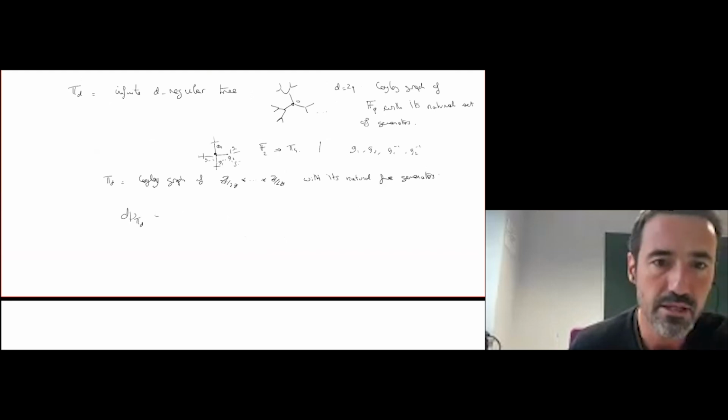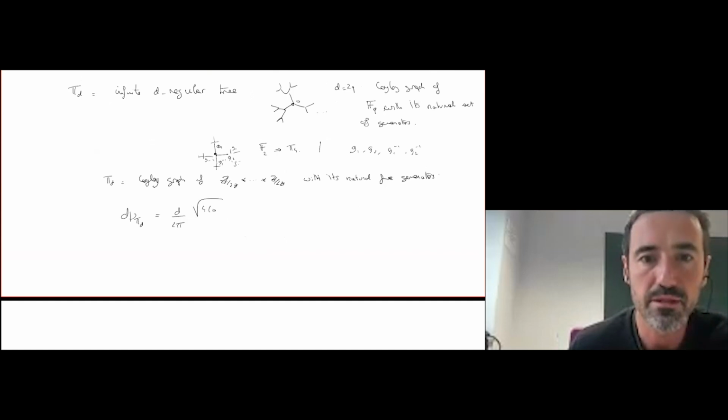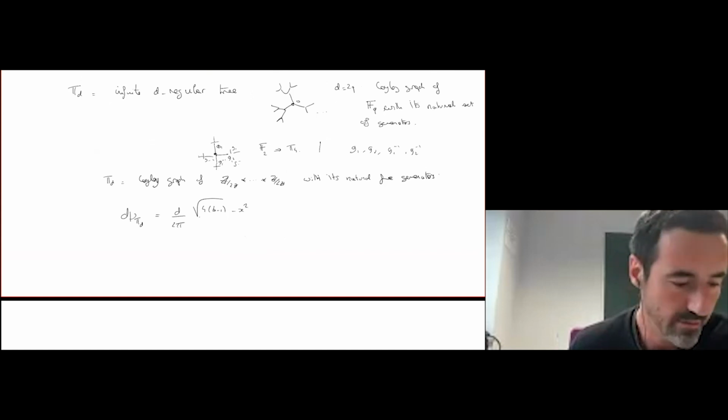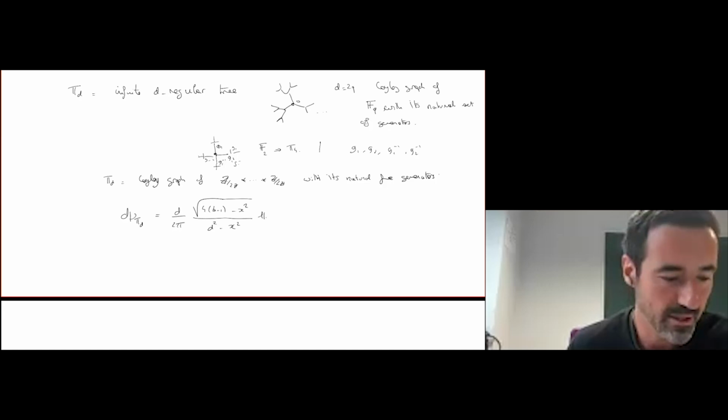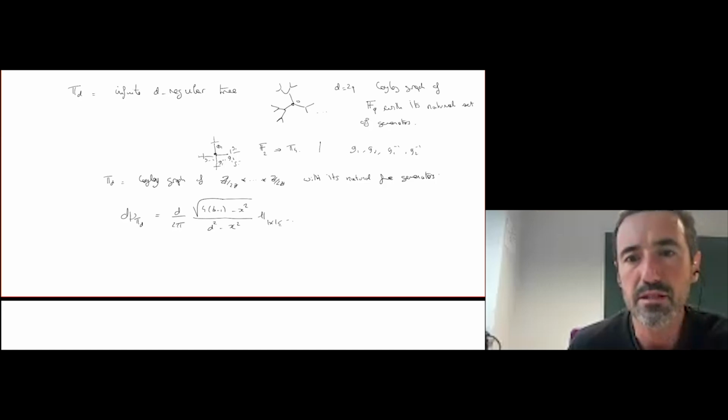It has a density with respect to the Lebesgue measure, given by this formula: d times the square root of 4(d-1) minus x squared, divided by d squared minus x squared, times the indicator that the modulus of x is less than 2 square root of d minus 1, dx.